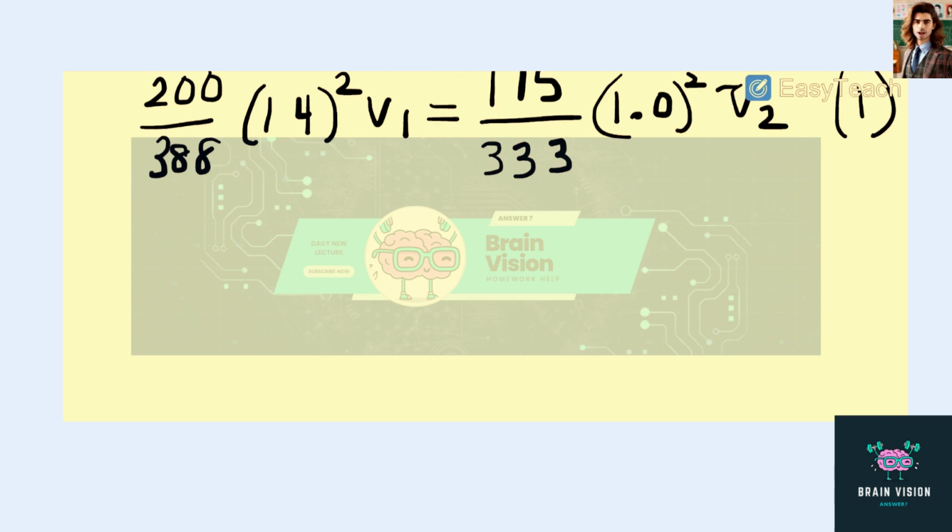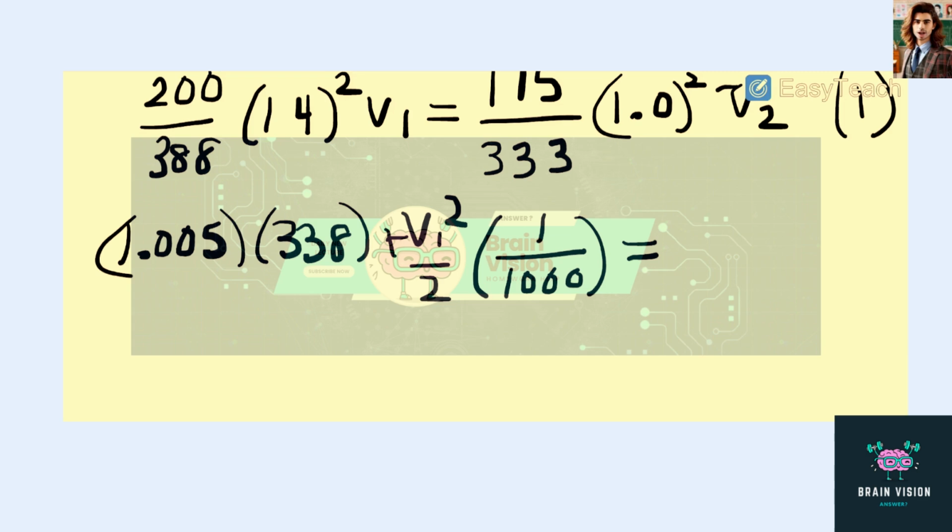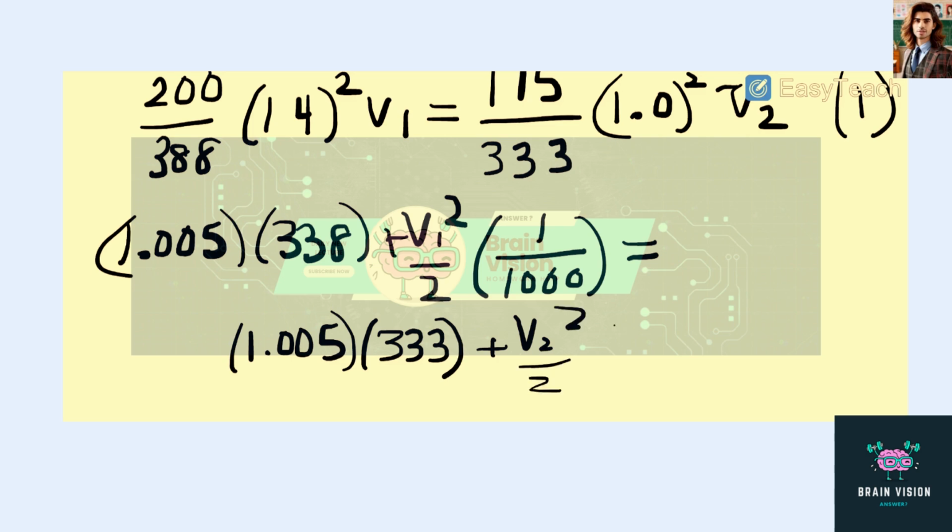Recall that equation 2, after we plug in for all of the variables, is going to look like so: 1.005 times 338 plus V1 squared all over 2, times 1 over 1000, is all equal to 1.005 times 333 plus V2 squared over 2, times 1 over 1000, plus 3.3.